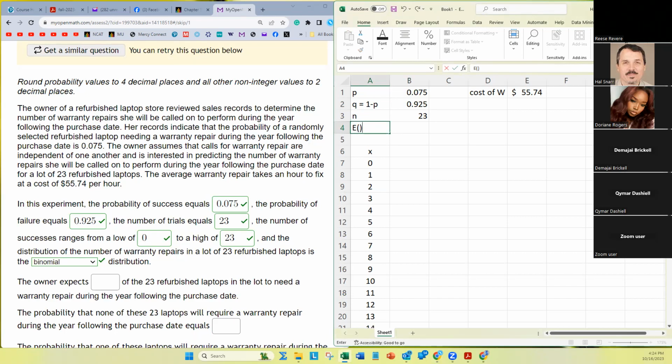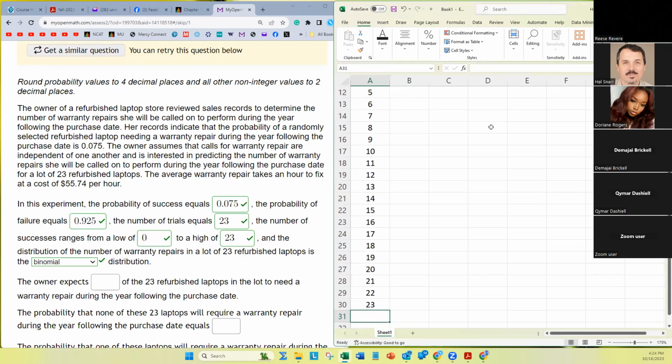So to get the expected value, I'm going to write E as the word expected. The parentheses are the word of. So this is the expected value of X, where X is my random variable. X can be anything from 0 to, in my case, 23. That just means the expected value of this variable that ranges from 0 to 23.